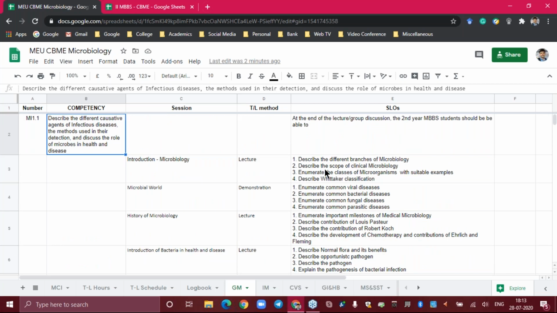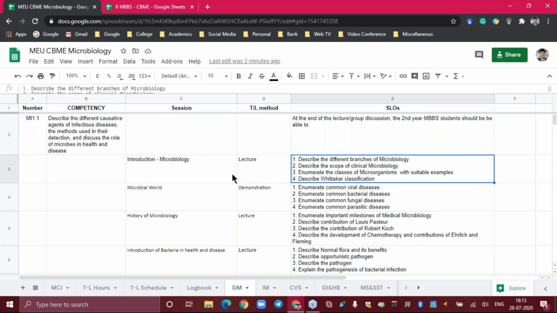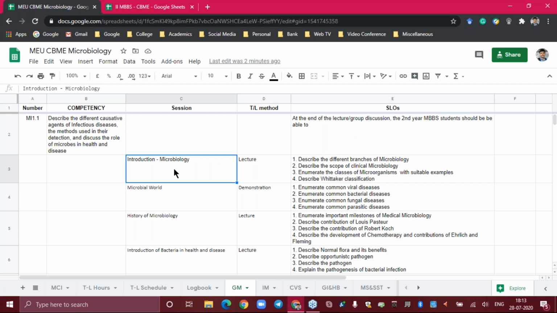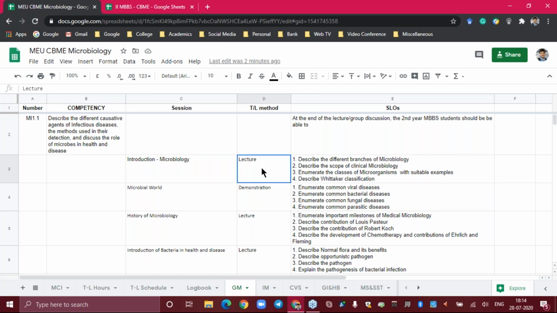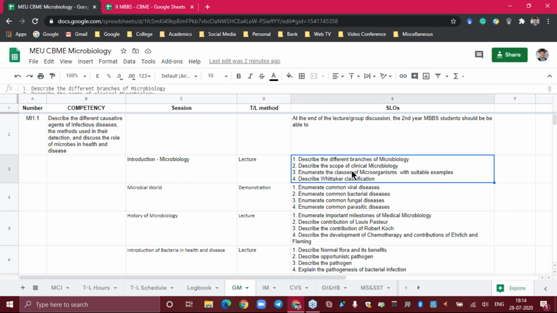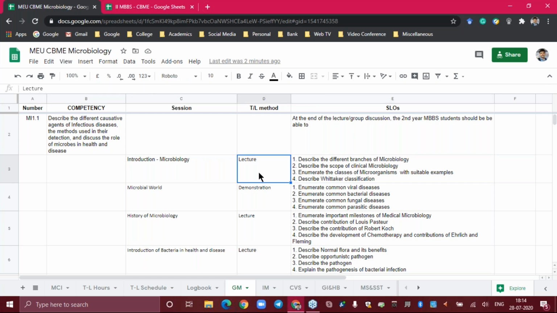And remember, a cluster of objectives is a session, right? So you can see over here, now we are naming this particular session as introduction microbiology, and that would be the lecture. And in that lecture we are going to cover this many objectives, right? So that you need to define. That is very important, because if the lecture is 1 hour, you can either reduce it down or you can increase the objectives as you can do it.